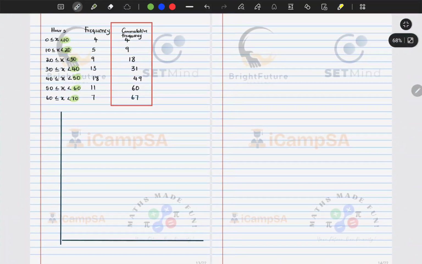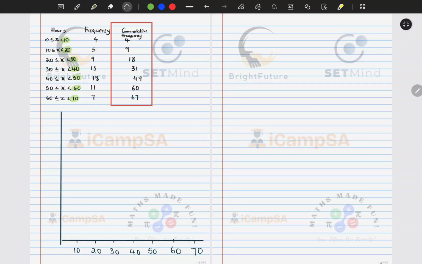Okay, so let's start with the horizontal axis. We're going to have 10, 20, 30, 40, 50, 60, and 70.